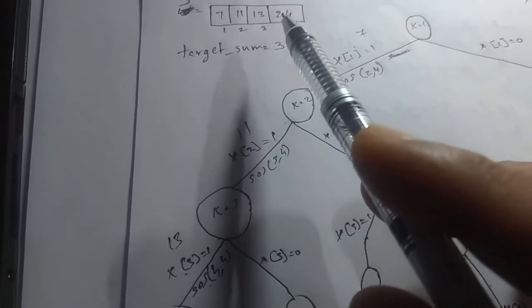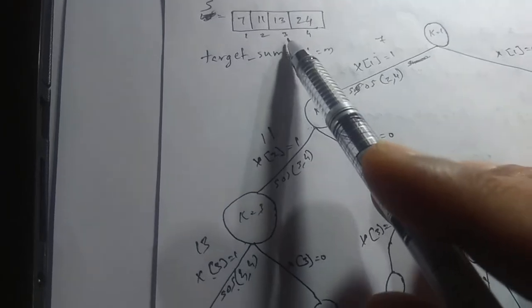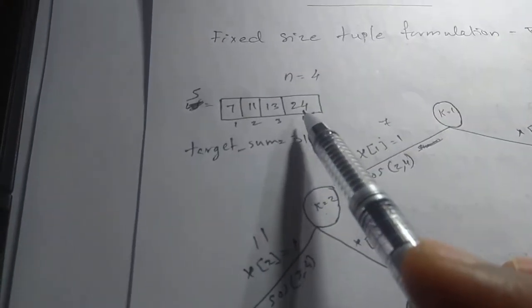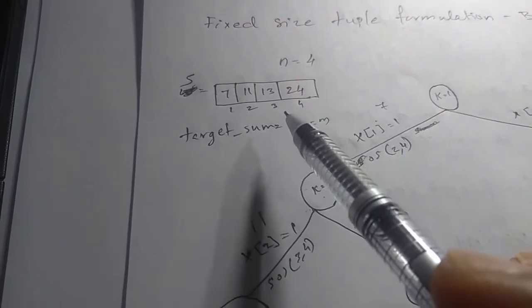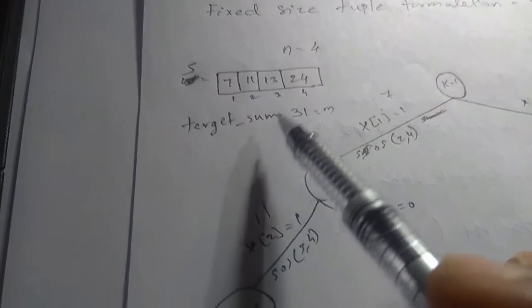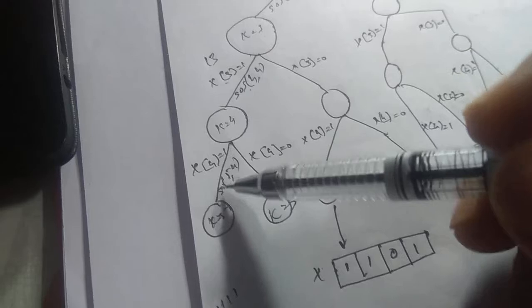Okay, so here no need to consider the fourth element, because by considering the fourth element we never get a sum which is less than or equal to our target sum. So no need to generate nodes beyond this, or no need to descend through the tree beyond this x3 equal to 1.